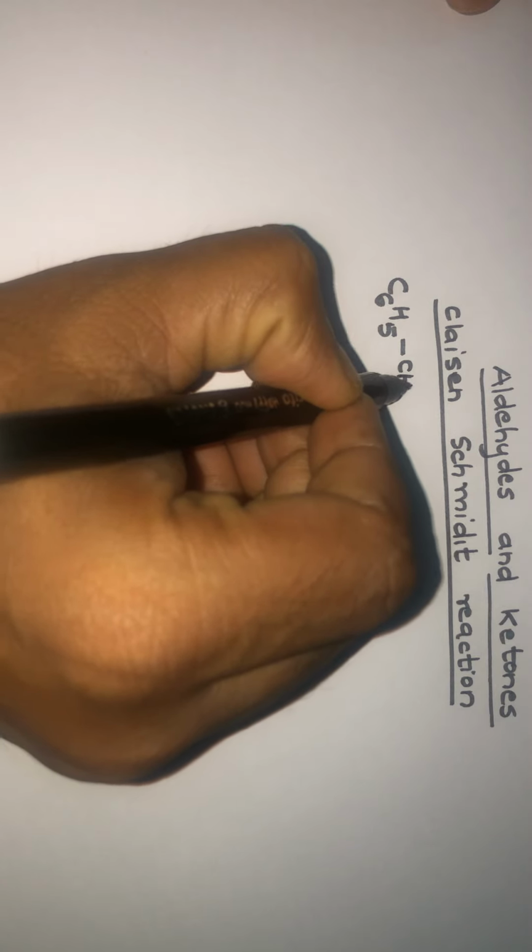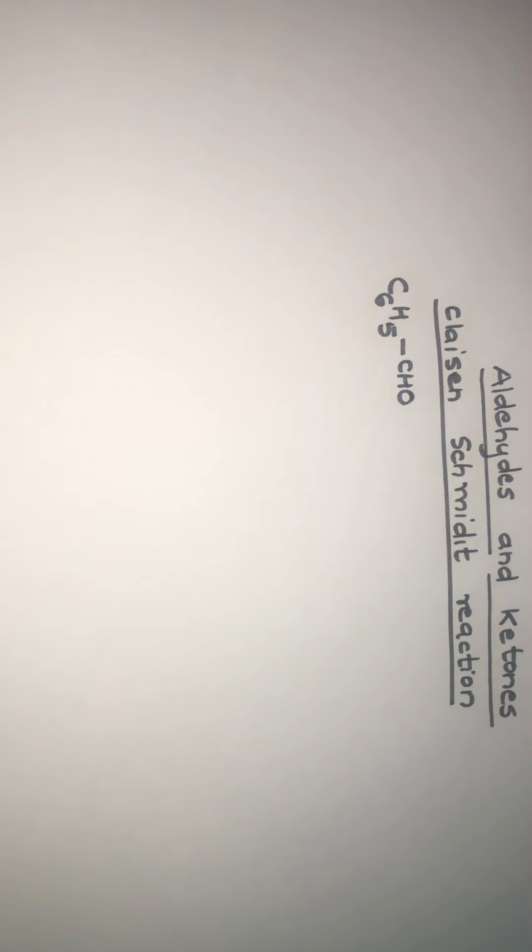Let us take an example of this reaction and analyze it in detail. What is this Claisen-Schmidt reaction? Let's take an aromatic aldehyde, that is C6H5CHO.